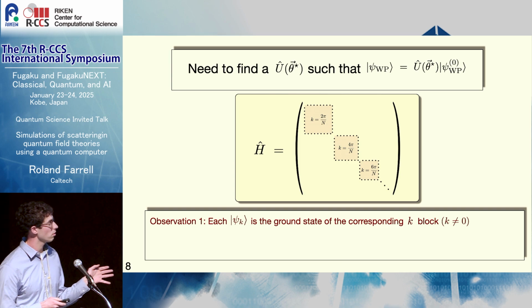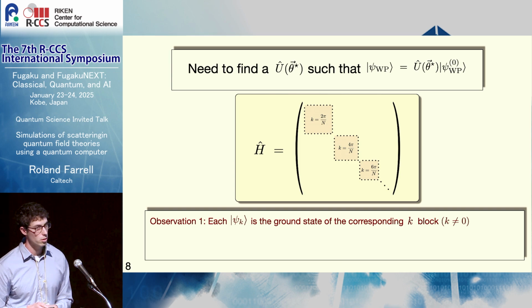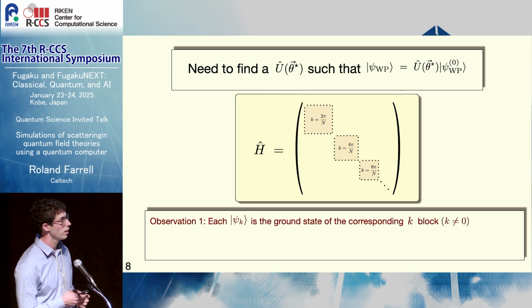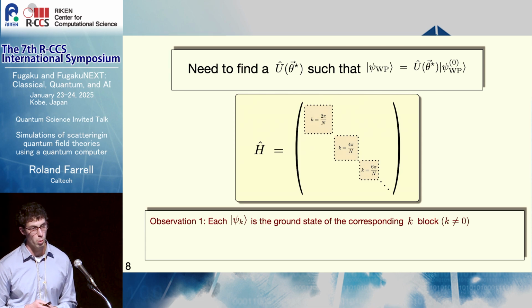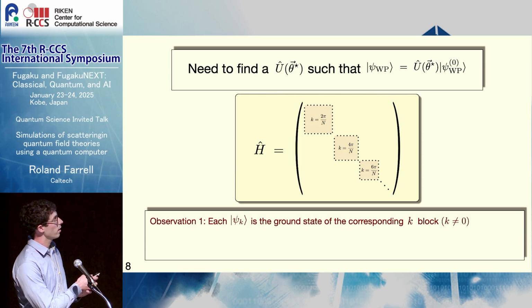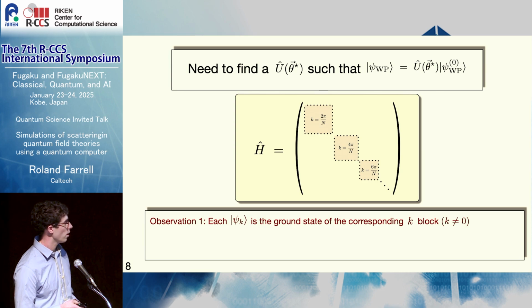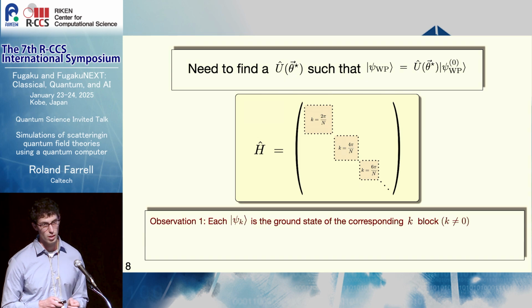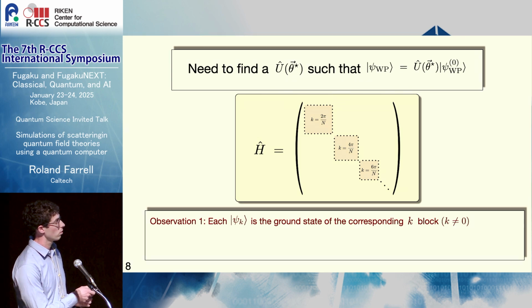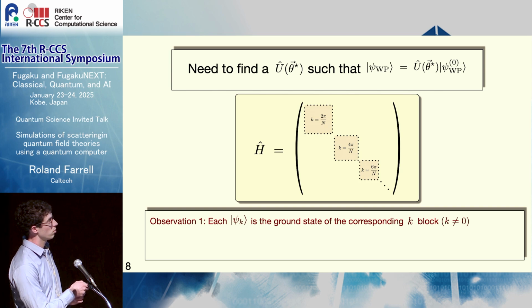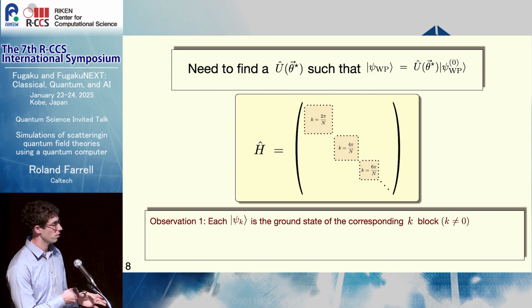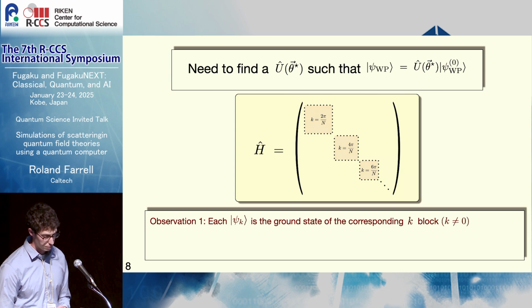To make some progress, there's a couple observations I want to make. If you look at the Hamiltonian, because we have this translational symmetry, we know that it's block diagonal in the momentum basis. So you can block diagonalize it with different blocks corresponding to different momentum values. And these single particle eigenstates, these psi k's, are the ground state in each one of these corresponding k blocks. So it's the lowest energy state with some momentum, except for the case where k is 0, in which case that's just the actual ground state of the complete system.